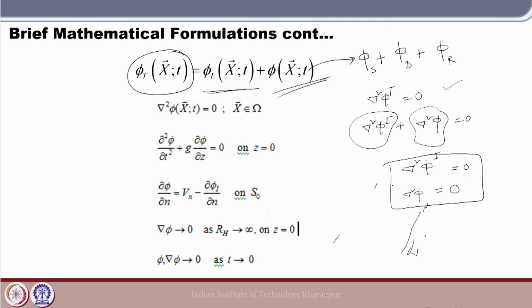So I can further split up: del square phi I equal to 0 and del square phi equal to 0. This is how we proceed. The total potential should satisfy the Laplace equation, so each of the components should be equal to 0. Now, the solution for del square phi I is known to me, it is an analytical solution, so we really do not have to worry about phi I. However, we have to worry about phi. All this boundary value problem is based on del square phi equal to 0.